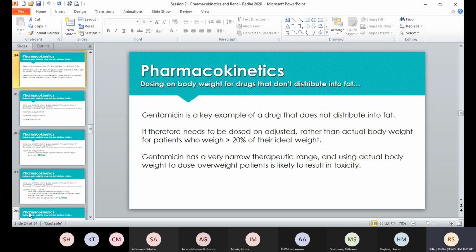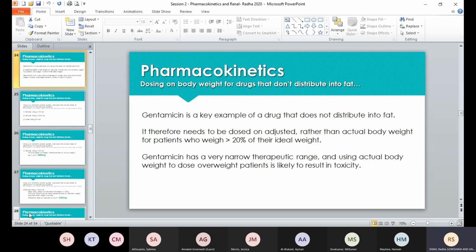Like I said, gentamicin is a key example of a drug that does not distribute well into the fat, and it therefore needs to be dosed on adjusted body weight. For any patient who weighs greater than 20% over their ideal body weight, we would normally use the adjusted body weight for patients who take gentamicin.